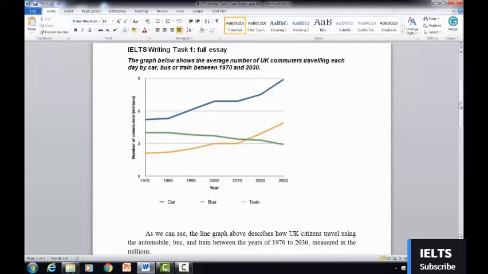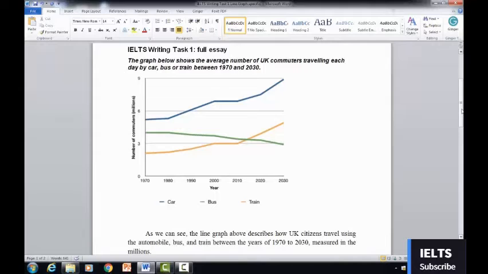So first I'm going to look at 1970 to 1990. I'm going to look at that 20-year period. When we look at the car line, which is the blue line, we have to make estimates here, right?